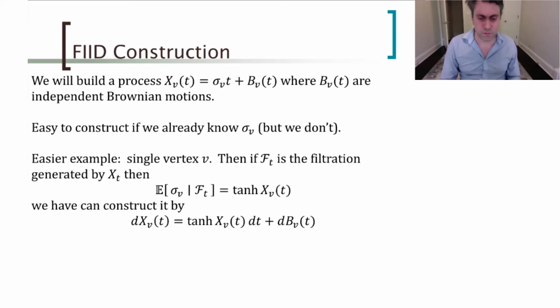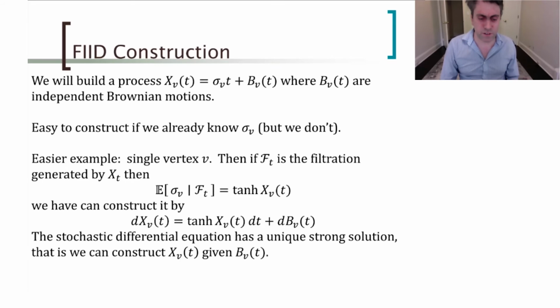But I should say this is a very simple case where it's just a one-dimensional stochastic differential equation. The coefficients in the SDE are well behaved, so there's a unique strong solution. Here, a strong solution means x is really a function of b, which is what we want if it's going to be a factor of IID.